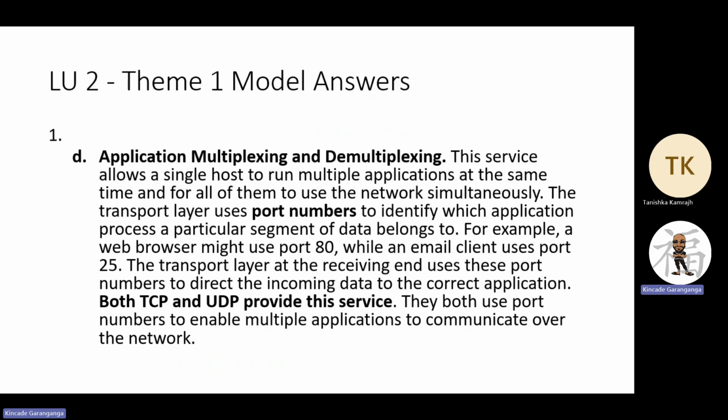The interesting thing about multiplexing and demultiplexing is that both TCP and UDP provide for this service. Why? Because both of these use port numbers, right? Remember, the actual difference is in the way you are sending and receiving data: that logical connection, the guaranteed delivery, the acknowledgements, versus connectionless configurations.